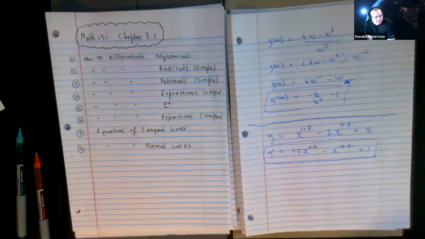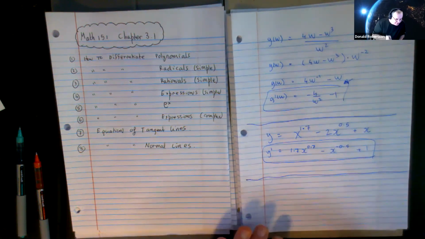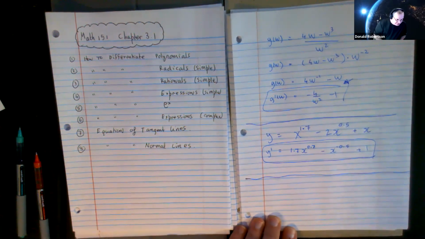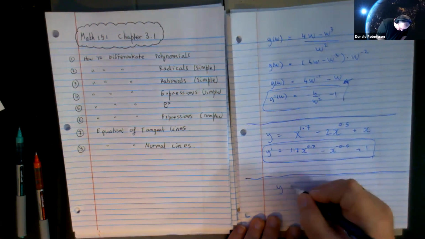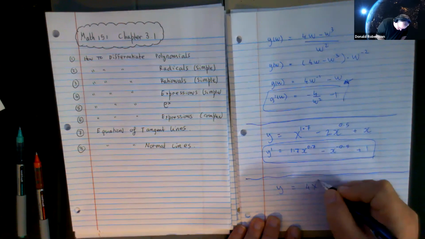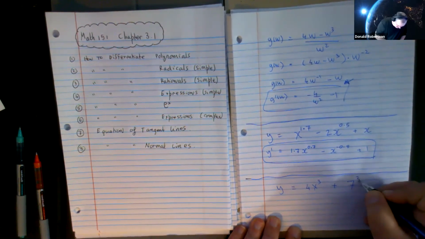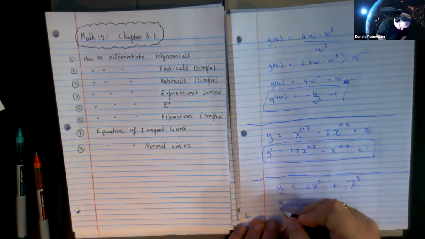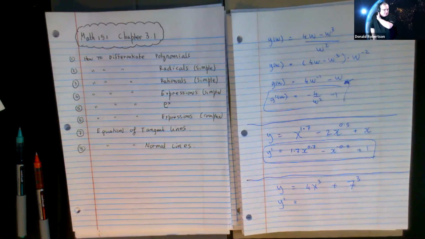Not all questions are equally hard. Here is a trick question. I am warning you, this is a trick question. Right. Four x cubed plus 7 cubed.